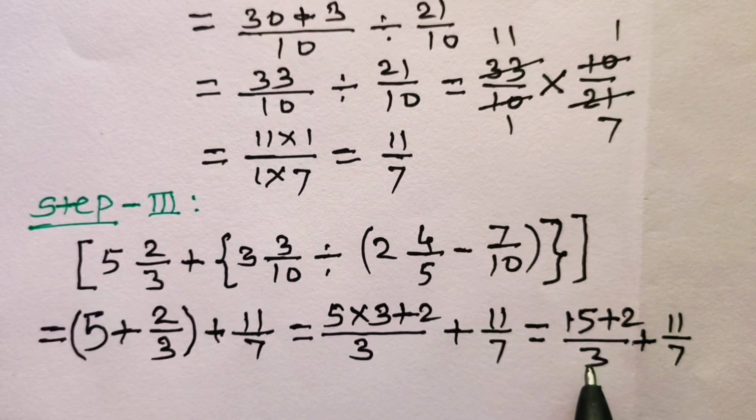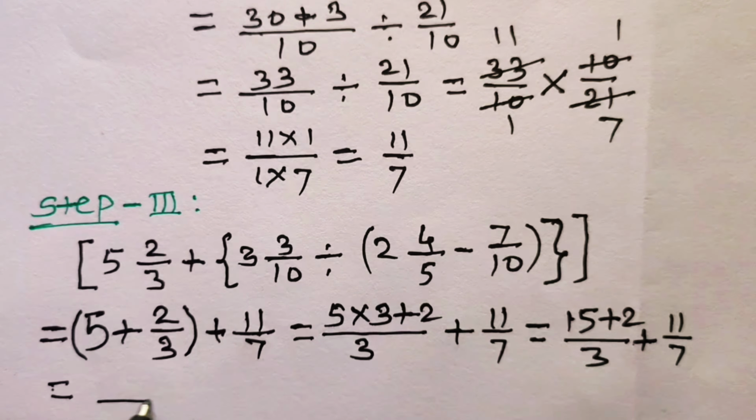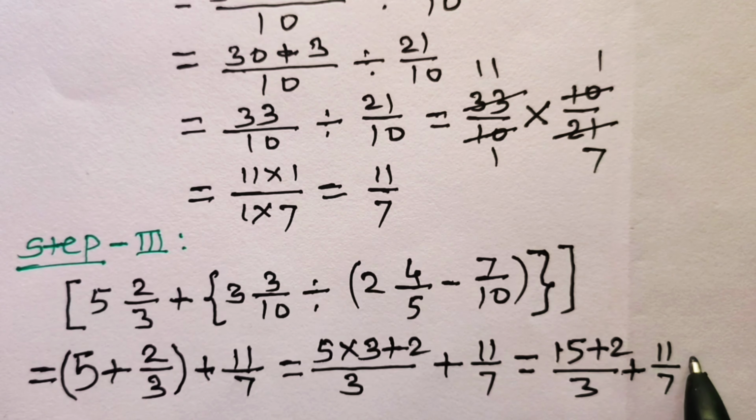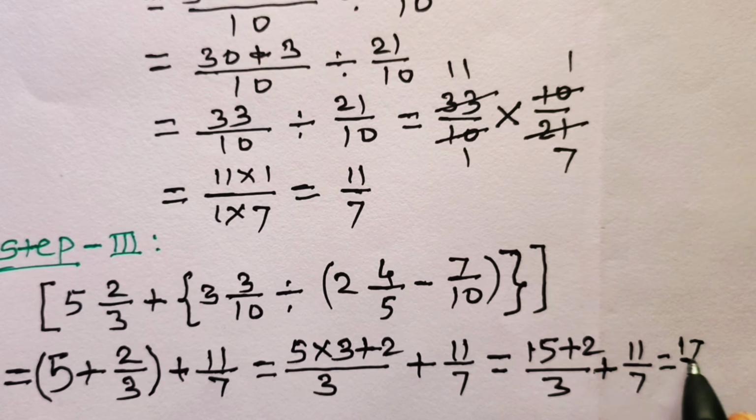Now the LCM of denominators 3 and 7 is 21. Hence this is equal to 15 plus 2, 17 over 3 plus 11 over 7.